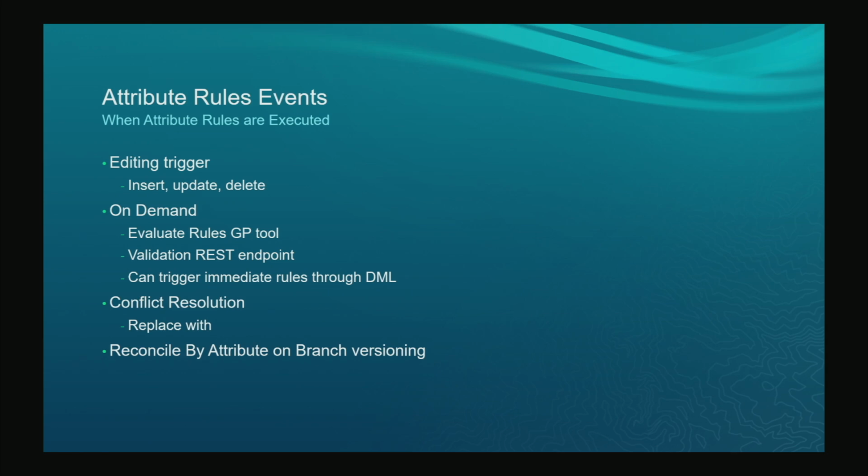But if you reconcile by attribute, only those changes that match. Like if you edit field A on default and edit field A in the version, then that's a conflict. If you edit different fields, that is not considered a conflict, right? So that's reconcile by attribute, and that may trigger attribute rules in certain cases.